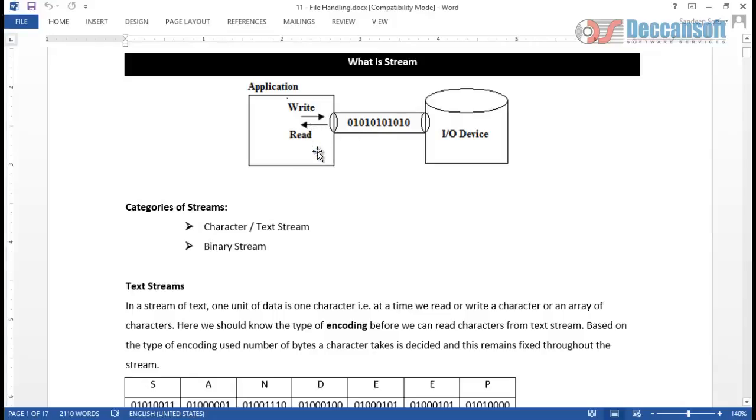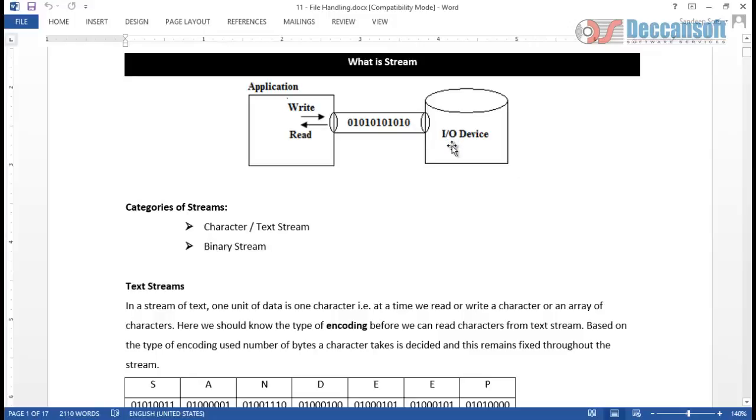Whenever the application wants to read data, it is going to read data from a stream, but the other end of the stream being connected to the IO device, the data is actually read from the input device. And likewise, when the application wants to produce some output, that is write some output, it will write to the stream, and that data ultimately will get saved in the output device.